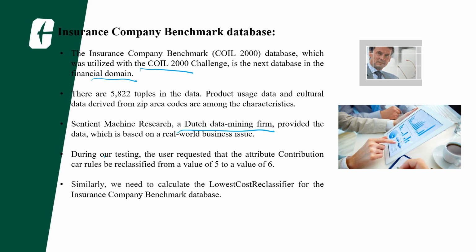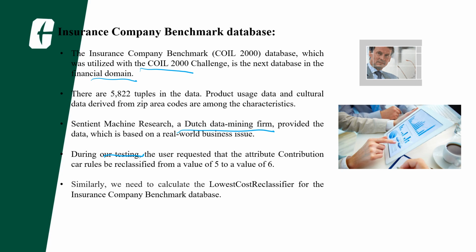During testing, the users are requested that the attribute contribution score values be reclassified from a value of 5 to a value of 6. Similarly, we need to calculate the lowest cost reclassifier for the insurance company benchmark database.